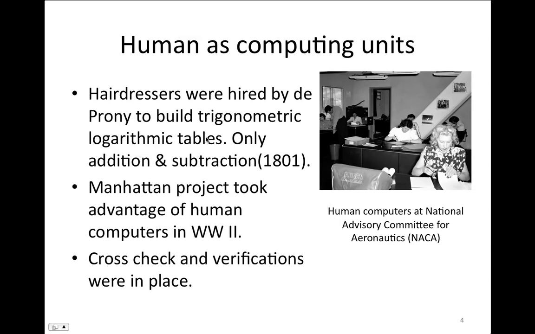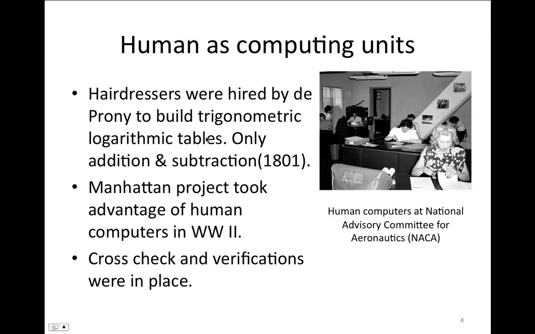So you might know that humans used to be the computational units of the old computers, when we didn't have the conventional computers of these days. A famous example is in the late 18th century. Hairdressers who lost their job during the French Revolution were hired by Dauphiny to build logarithmic tables.